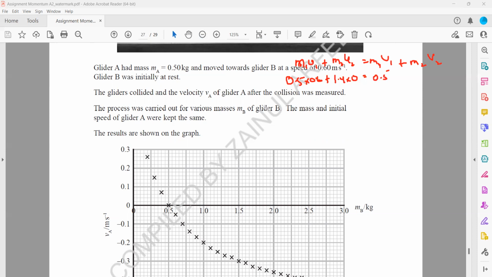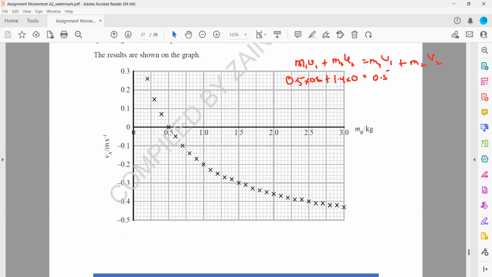Then we find the speed from the graph. When the mass of B is 1.4, 10 boxes equal 0.5, so each is 0.05. So this will be 1.1, 1.2, 1.3, 1.4. The value is 0.29, I guess, but negative 0.29.